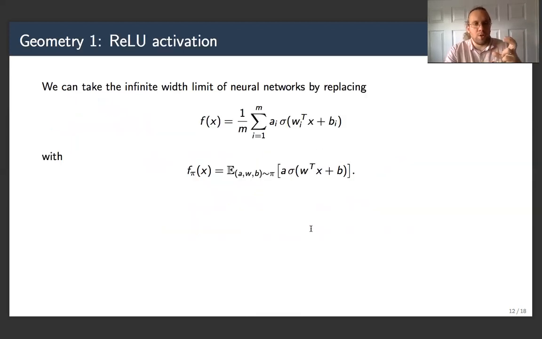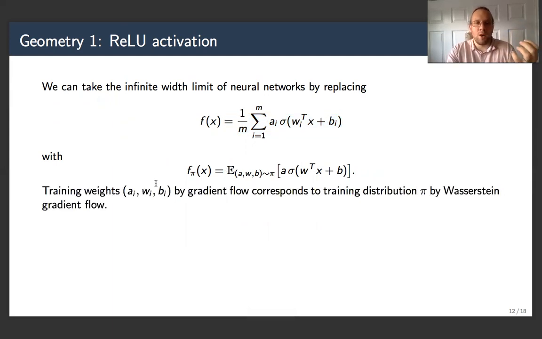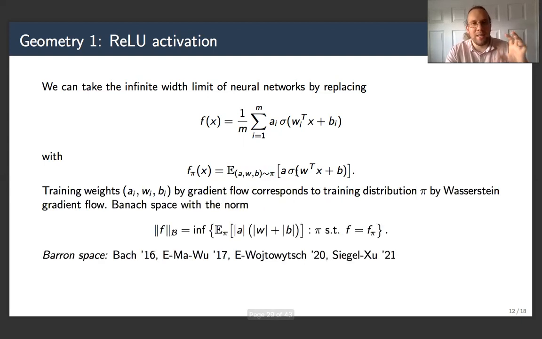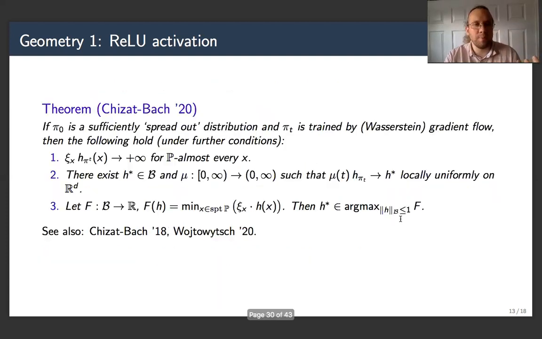In the first geometry, where we see that neural collapse does not happen, we take an infinite width limit of neural networks. We replace a two-layer neural network, which is given by a finite sum, by an infinitely wide version, an expectation. Then the training of these weights by a gradient flow just corresponds to training the distribution of the weights by a Wasserstein gradient flow. And the functions of this type form a Banach space with a norm, which is essentially a second moment bound.